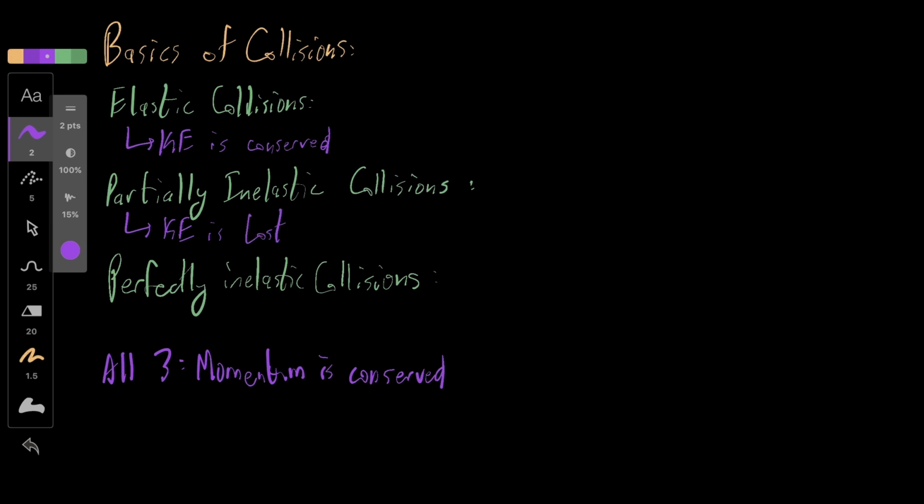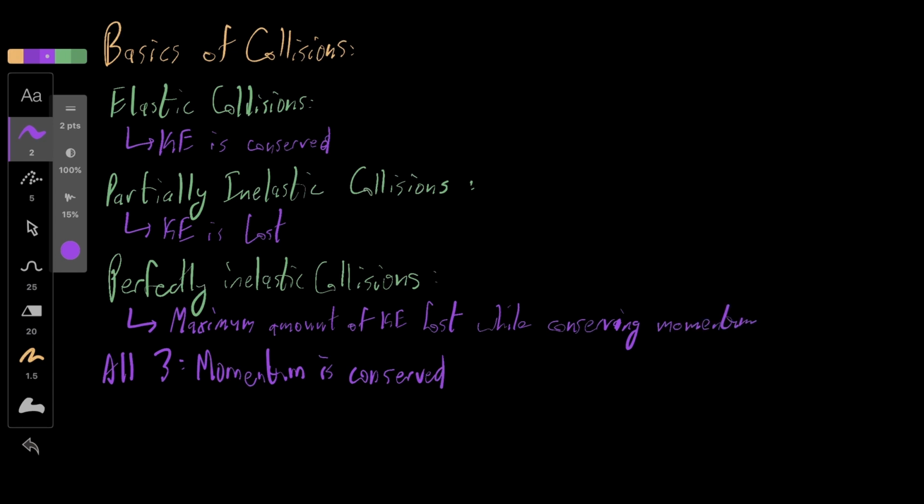Could be other things due to heat or something, but this is what a lot of collisions will happen, partially inelastic or perfectly inelastic. But with perfectly inelastic, you will have the maximum amount of kinetic energy that's lost while conserving momentum. Basically, it's losing as much kinetic energy as possible without violating the laws of physics.